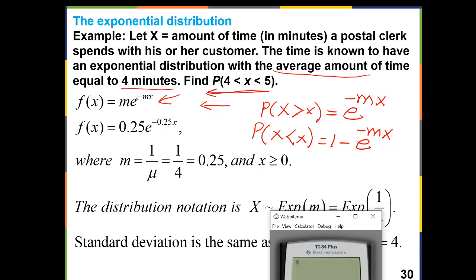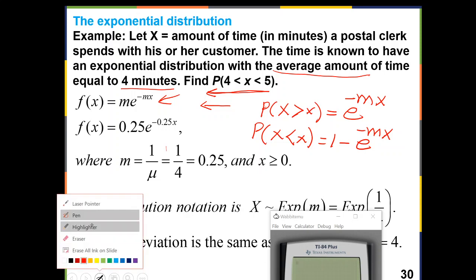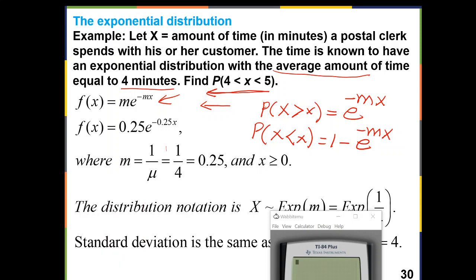The probability that x is less than 5 is going to be 1 minus e to negative 0.25 times 5.